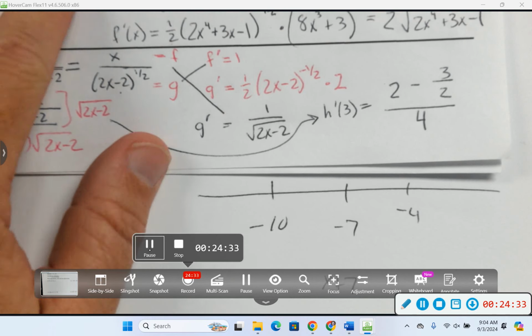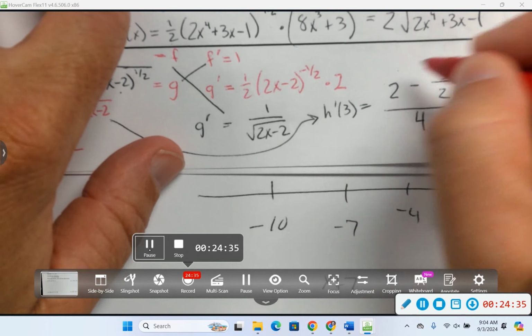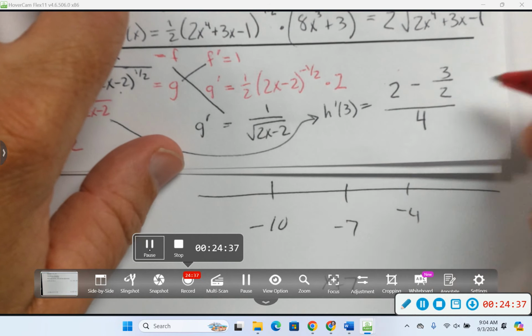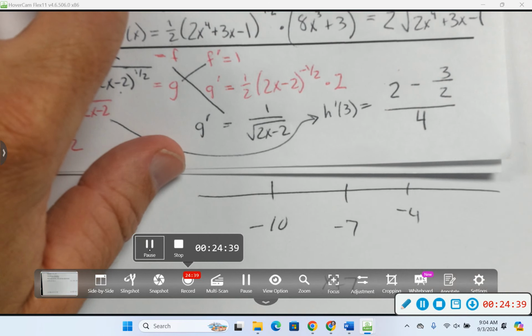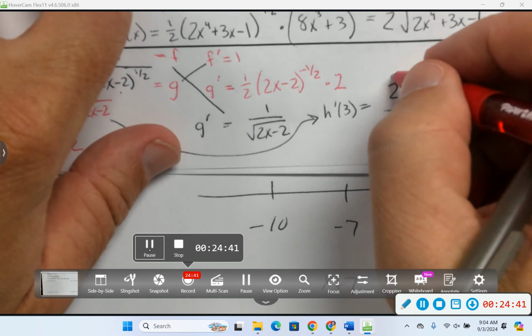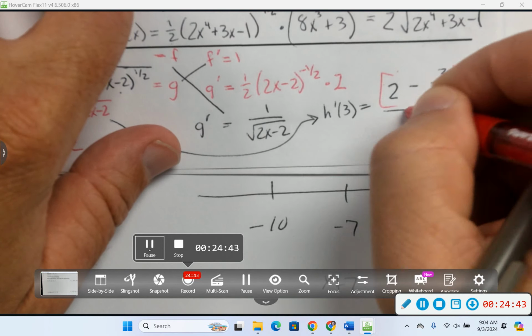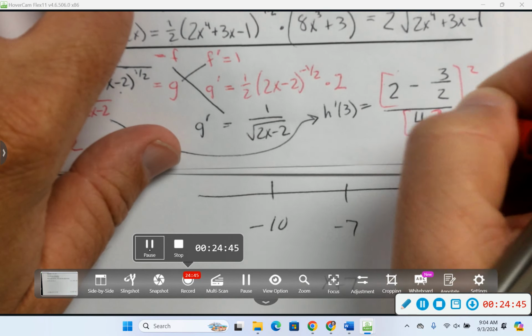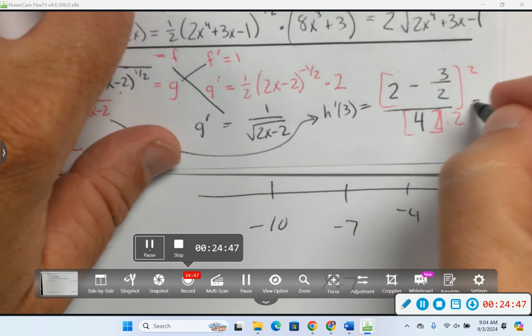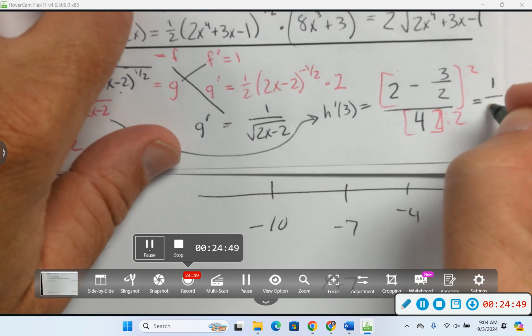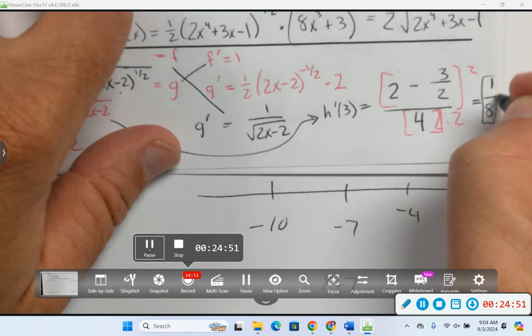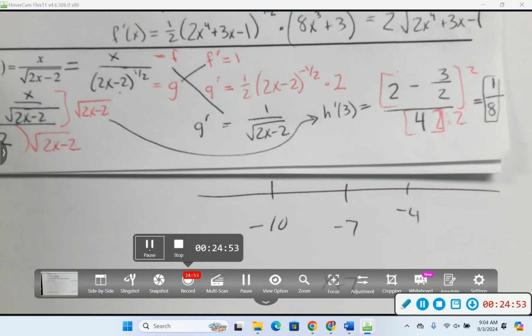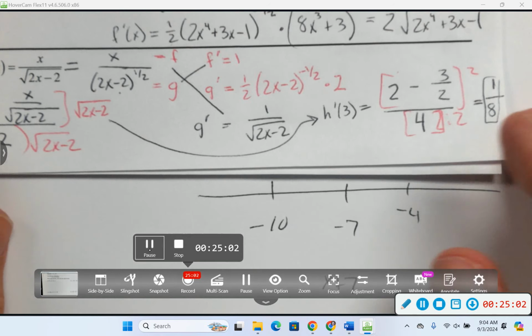I would multiply the top and bottom by 2, although 1/2 divided by 4 is 1/8, but however you want to do it. So 4 minus 3 is 1, 4 times 2 is 8. So all of that to get 1/8. Yeah, good catch on plugging in 3 before we did the algebra. That made life a little easier.